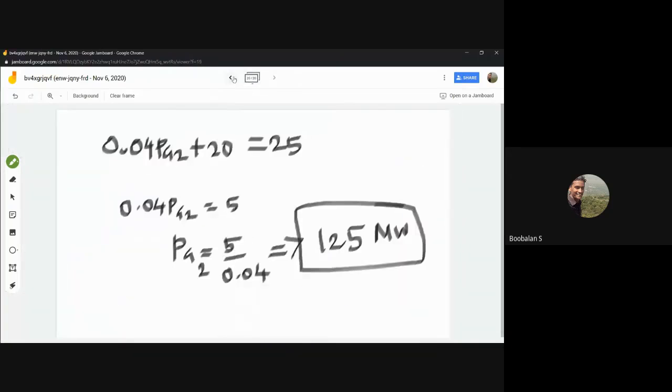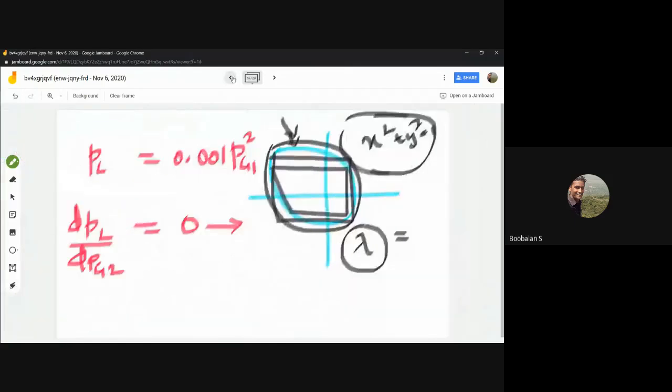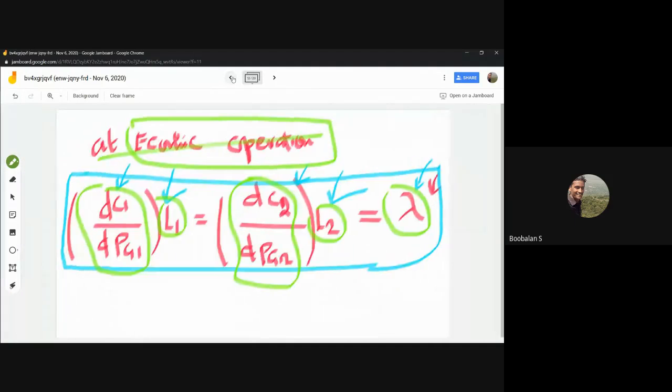Where is that bigger equation? Over here, I guess. Yeah, this one, right? We need to use this expression in order to find out Pg1 and Pg2.